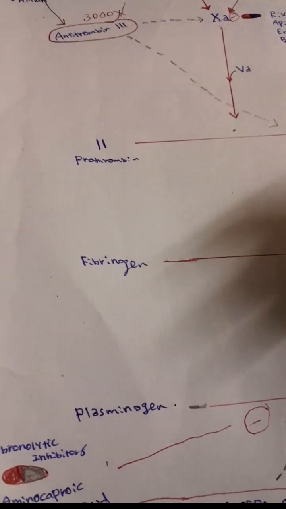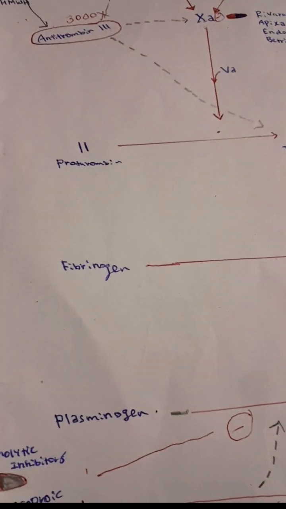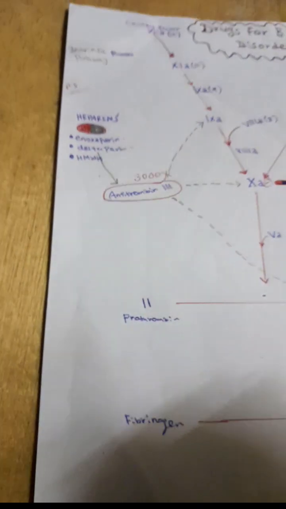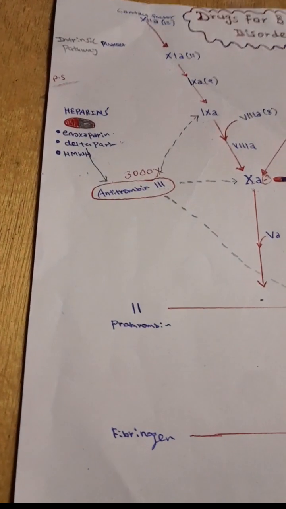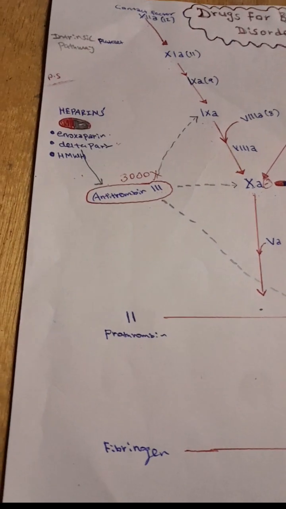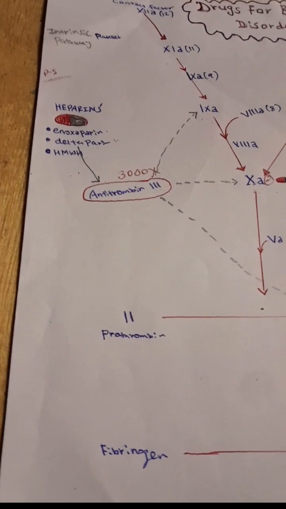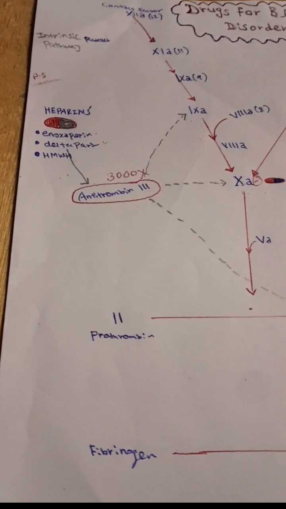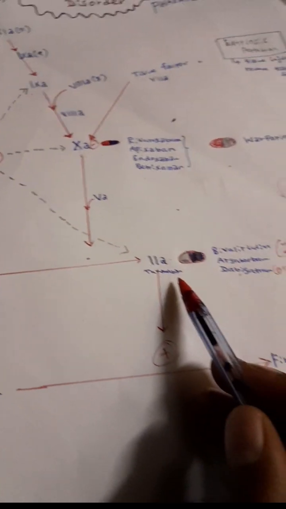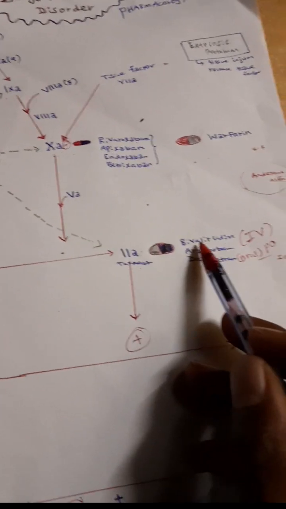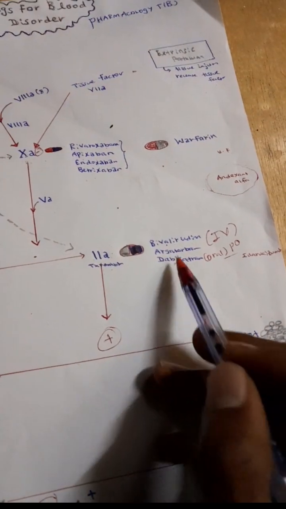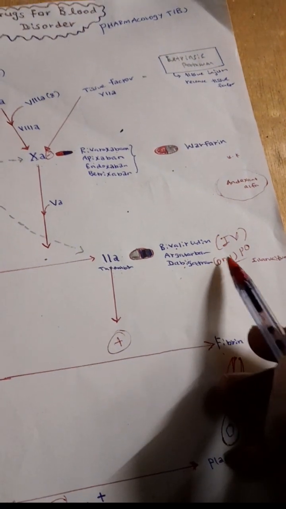And also we have seen different anticoagulant medications, from heparin to different factor inhibitors. From heparin we have seen low molecular weight heparins like enoxaparin and dalteparin, and high molecular weight heparin. We have seen the direct thrombin inhibitors: bivalirudin, argatroban, and dabigatran, and dabigatran is found in the oral form.